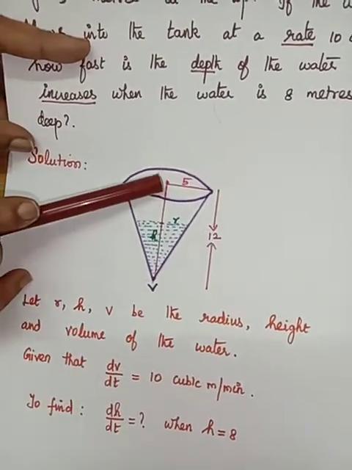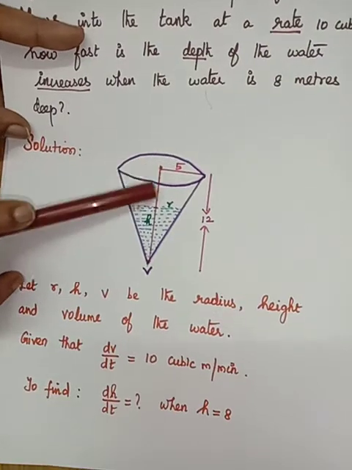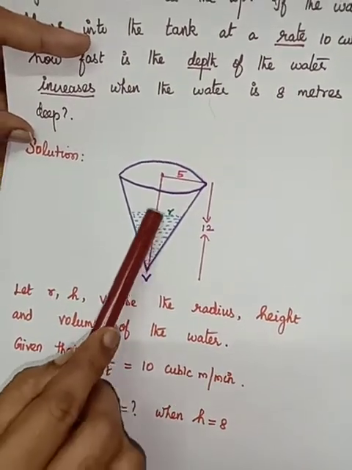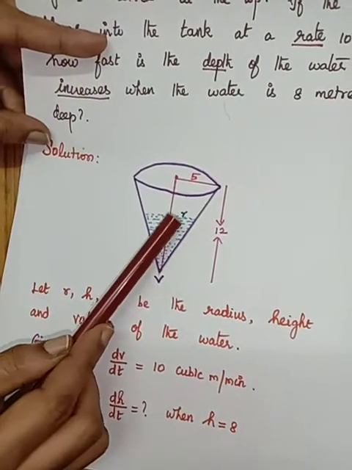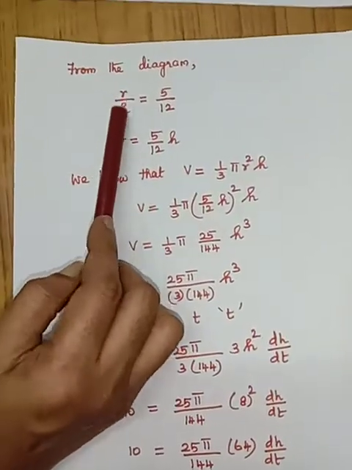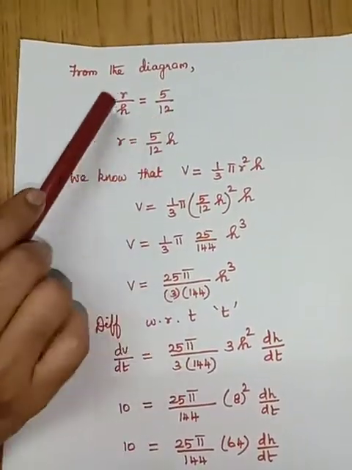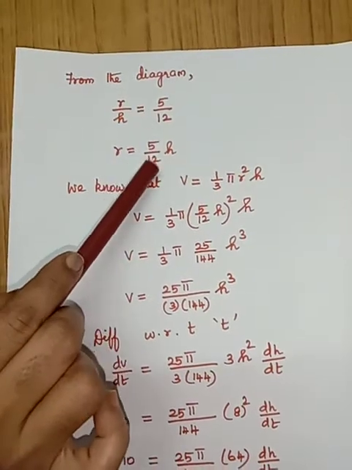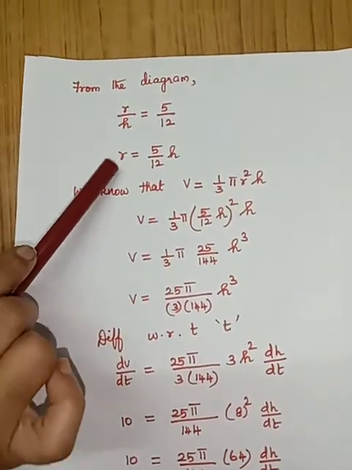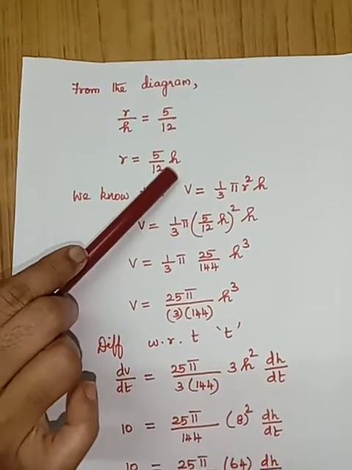So see that the two triangles are considered. One is this bigger triangle, another one the smaller triangle. So first radius R by H is equal to 5 by 12. So from this R is equal to 5 by 12 into H. Okay, so we have found the variable R in terms of H now.